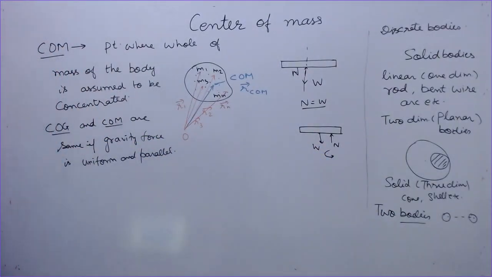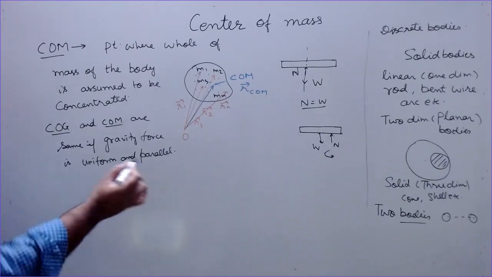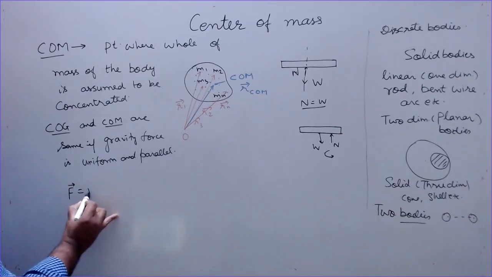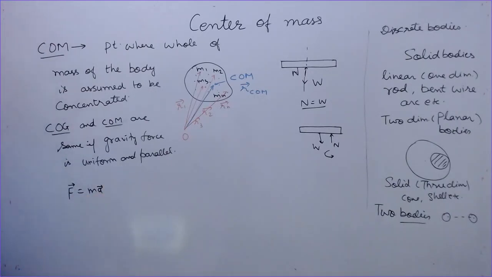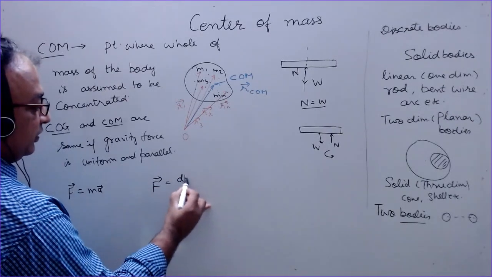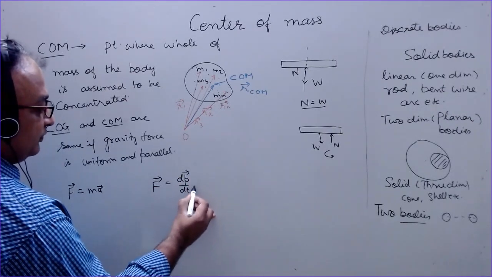So friends, the reason is there are different laws of physics, like the law of motion, F equal to m into a, and F equal to the rate of change of momentum.